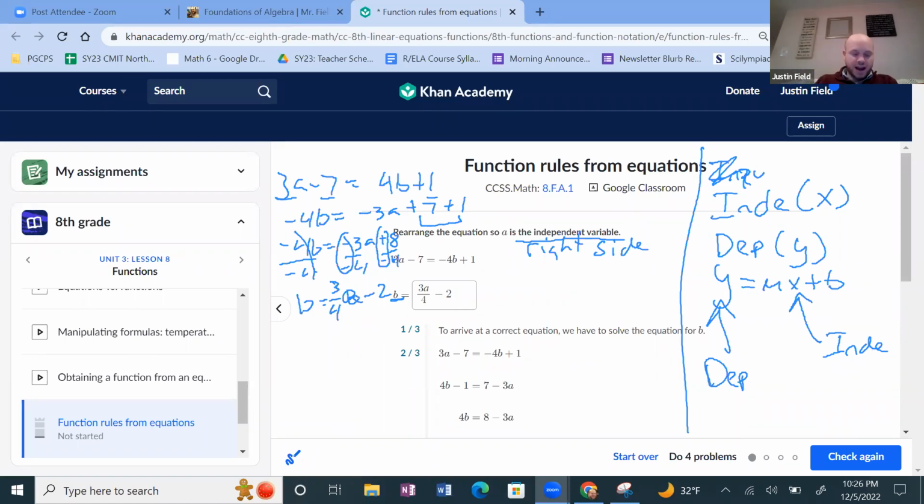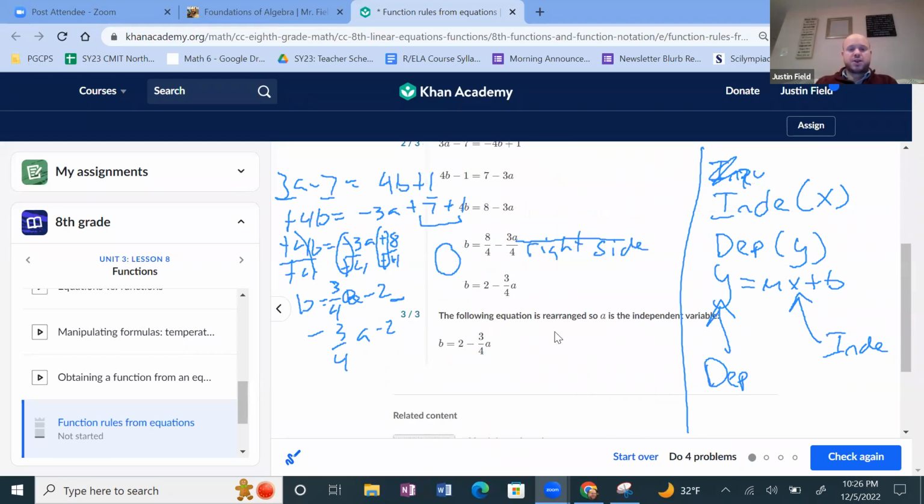I made it negative. So that is a negative 4b. And when I put it on the left side, I did not change the sign. That just messed up everything. So it's negative 3/4 a, and then it's going to be plus 2.